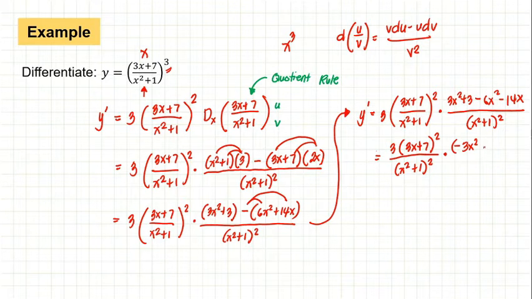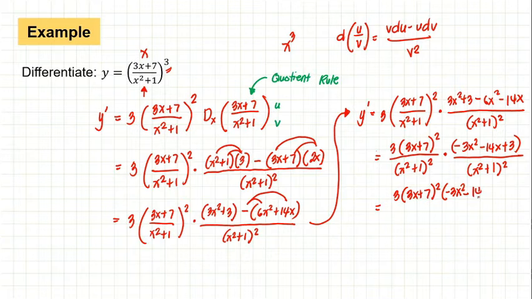Okay, and we have minus 14x plus 3 all over x squared plus 1 raised to the power of 2. Then we multiply the numerator and the denominator. We have 3 times 3x plus 7 raised to 2 times negative 3x squared.